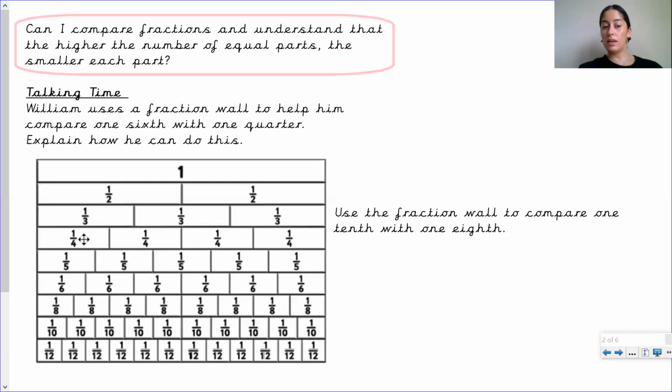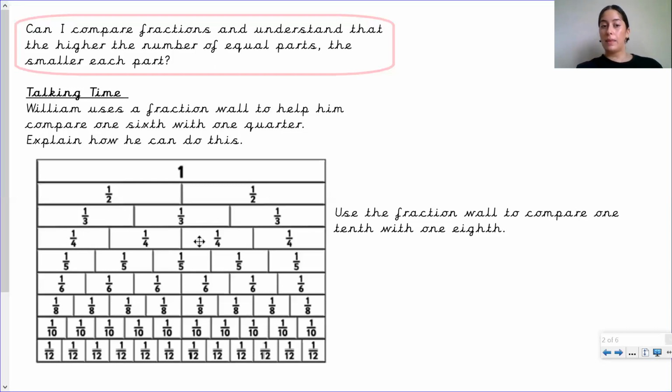If we only cut the cake into 4 equal parts, the slices are going to be bigger. But if we cut the cake into 6 equal parts, because we're cutting it into a larger number of parts, each slice is going to be smaller.